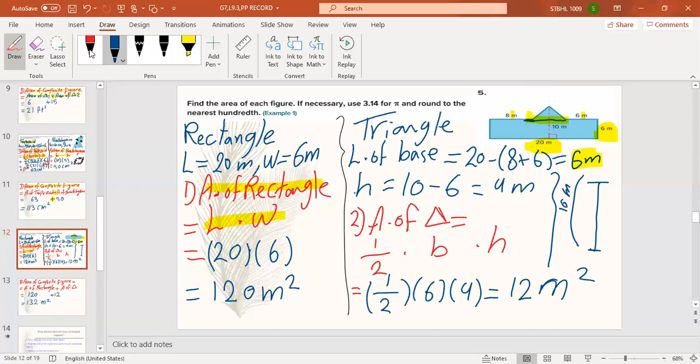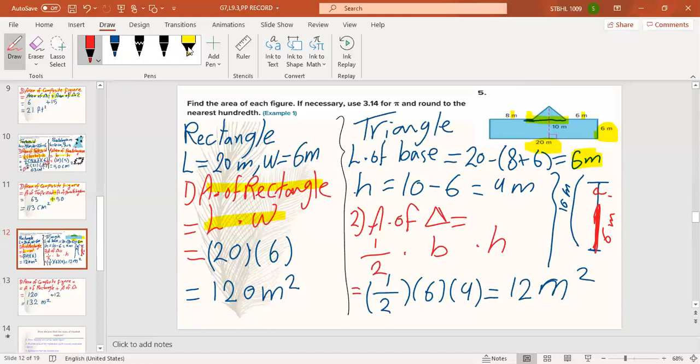But this down part, which is the width of the rectangle, is 6 meters. So the length of the height of the triangle, this missing part, this question mark, is 10 minus 6 equals 4 meters.